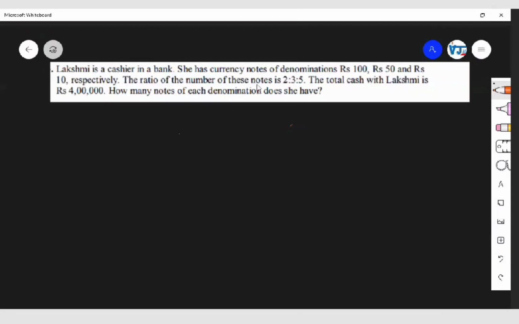The ratio of the number of these notes is 2:3:5. Then total cash with Lakshmi is rupees 4 lakh. Total cash is also given, 4 lakh. And how many notes of each denomination does she have?